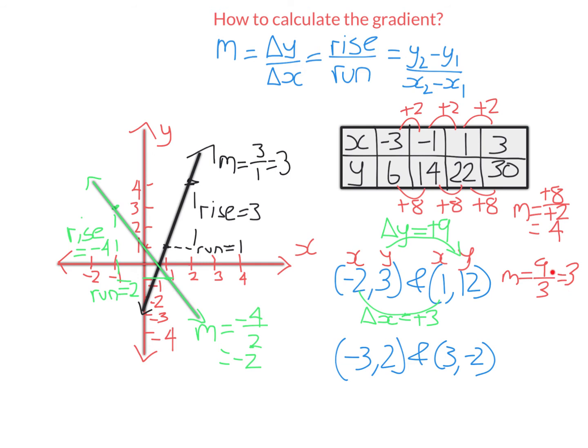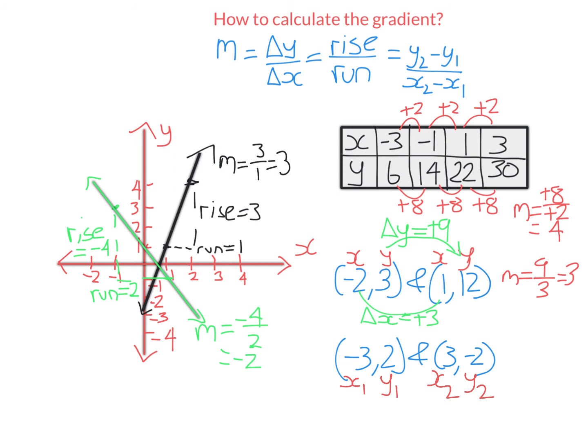So here, 9 is the rise, the change in y values is the rise, and the change in x values is the run. But now I'm going to do this one showing you how to use the 2-point formula. It really doesn't matter which of these you use to calculate the gradient as long as you get the right answer. If I use this formula, it's got x1, y2, and all that. So x1 is the x-coordinate of the first point, x2 the x-coordinate of the second point, and similarly for y's.